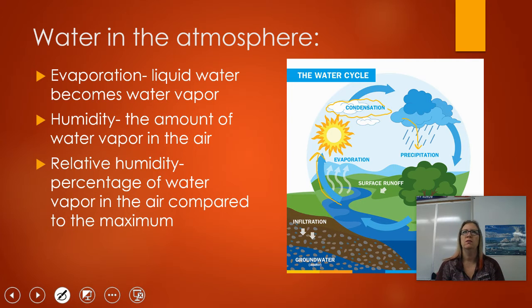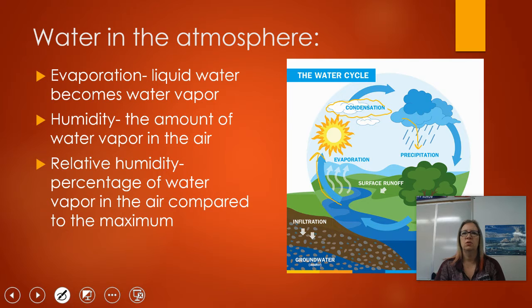So if you hear that the relative humidity is 75%, that means there's still some room for additional water vapor in there, okay? When it hits 100%, typically it means it's going to start raining. It's going to start condensing and coming back because it can't hold any more of that water vapor, okay?